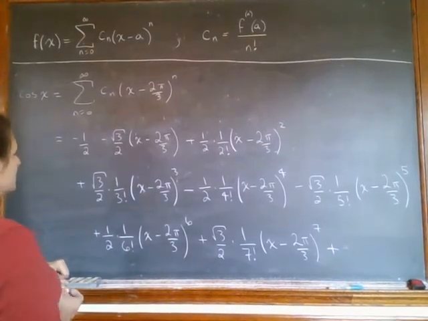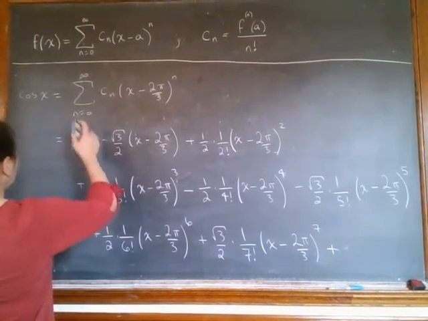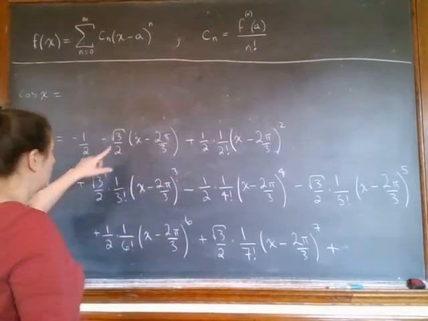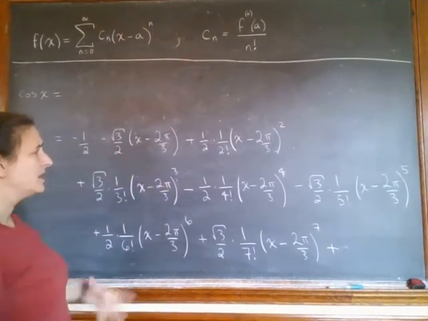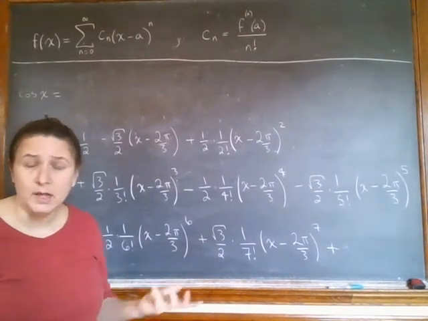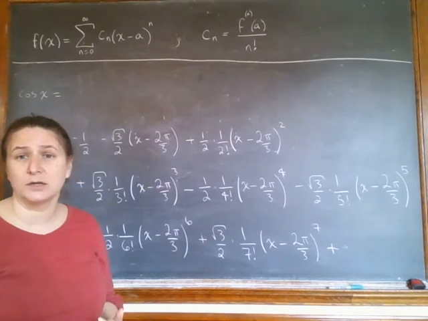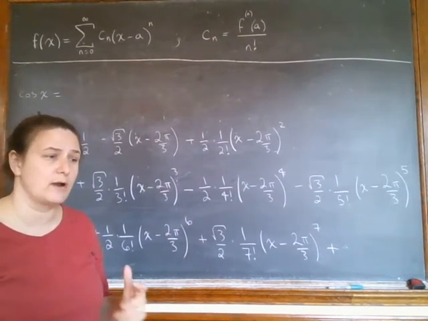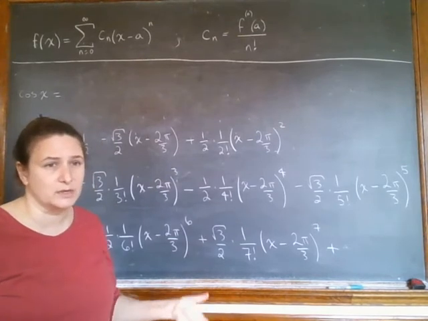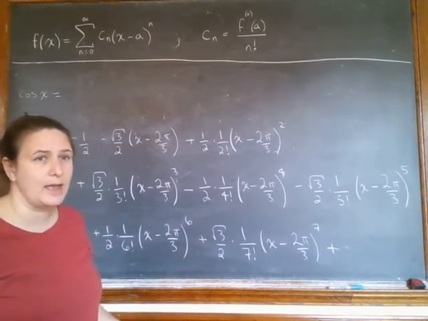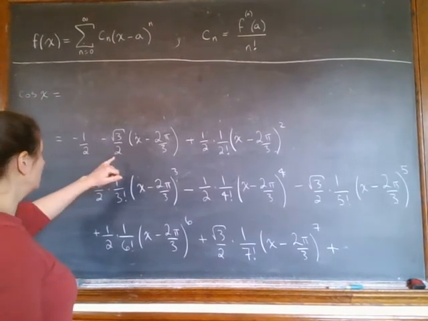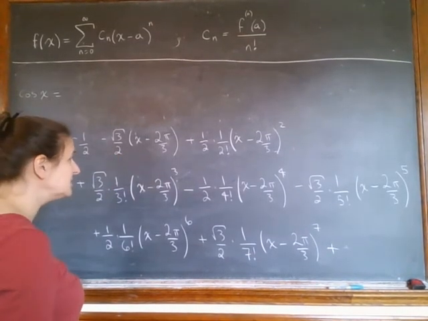So the thing is, if all of these terms were the same, it would be easier to come up with the formula. The way it was with the sine x and the cosine x around x equals 0, right? We noticed it's just all the even terms or all the odd terms, so we can do 1 over 2n factorial or whatever. Here, you've got even terms and odd terms.